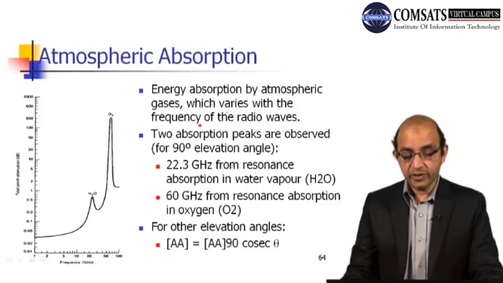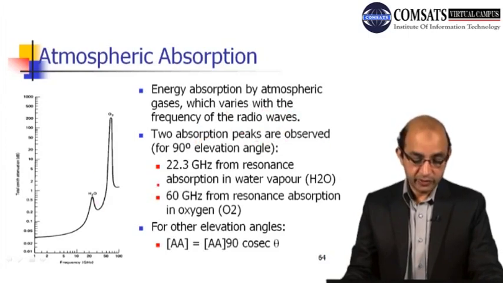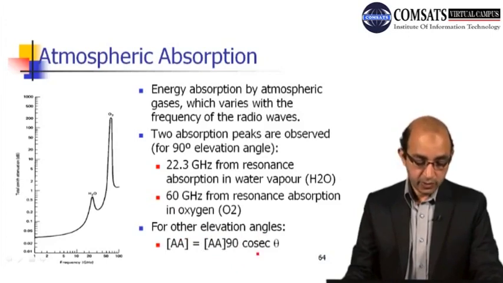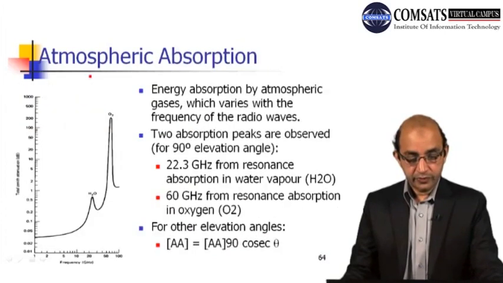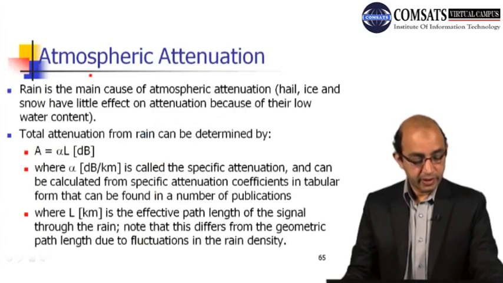Gases vary with the frequency of the radio waves, and two absorption peaks are observed, right? You can see this for a 90-degree elevation angle, and then for other elevation angles. Okay. So here we have atmospheric attenuation, absorption after absorption, attenuation.